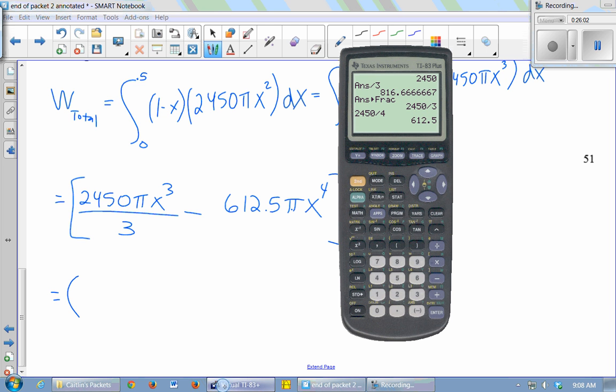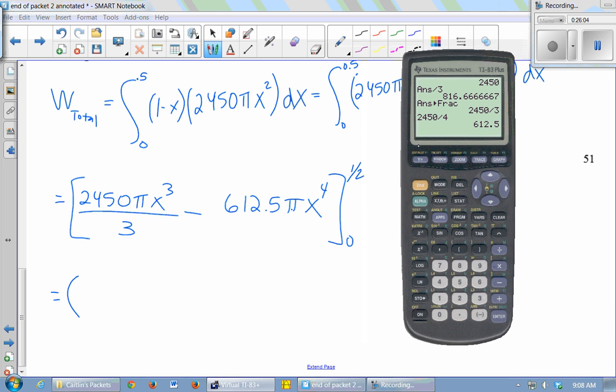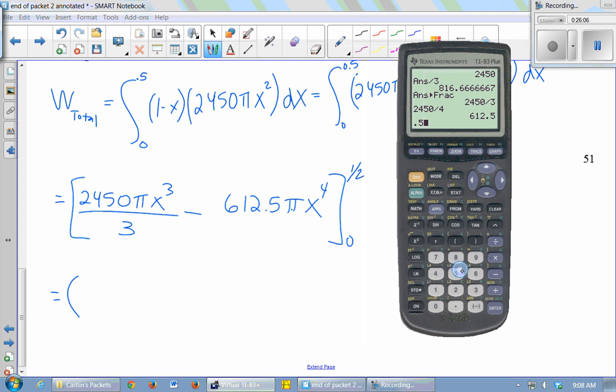Okay, so if I plug in a half, 0.5 cubed times 2,450 divided by 3. That's 1225 pi over 12.